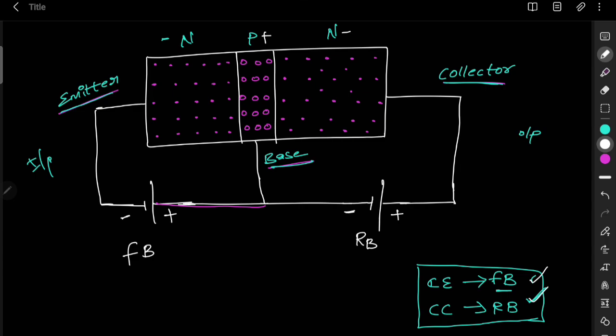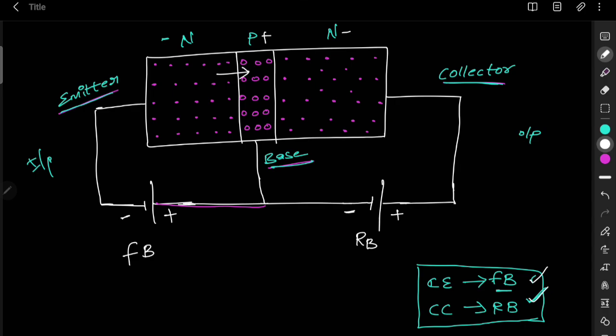How the working is done: the input section is under the forward bias. When it is under the forward bias, recombination takes place. The electrons recombine with the holes.